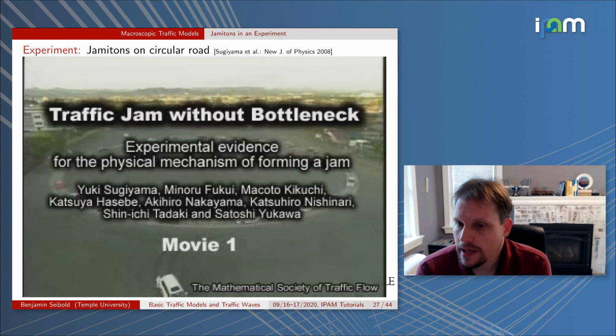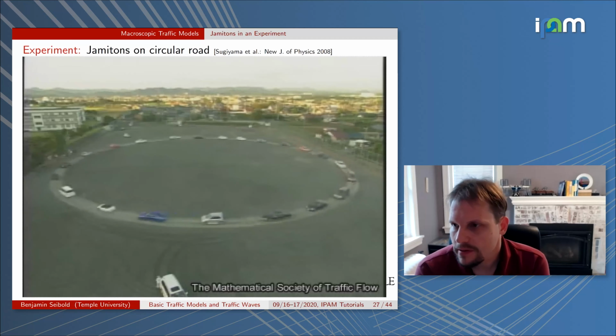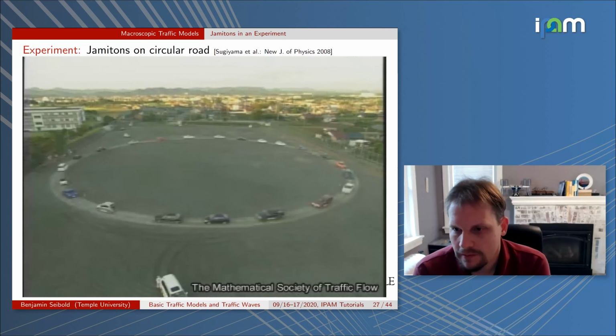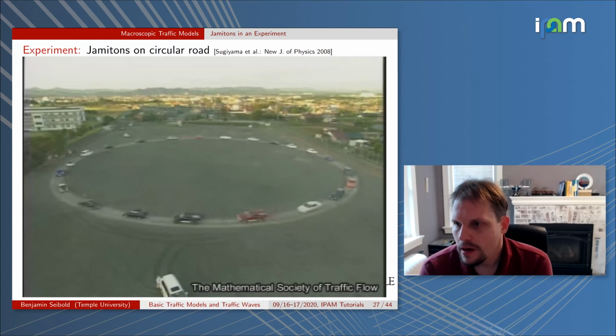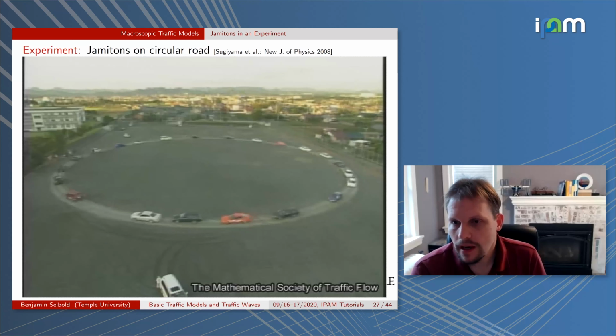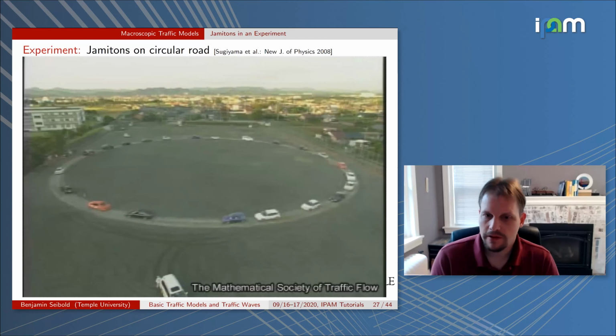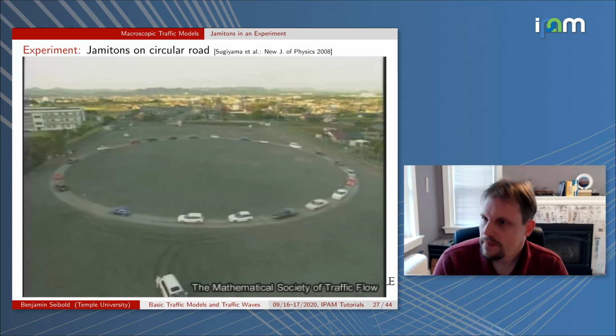This is, again, the video of the seminal Sugiyama experiment that every talk on traffic waves, of course, needs to display. So again, researchers put a ring road of cars. They place them equispaced. Initially, they roughly drive at a uniform speed.